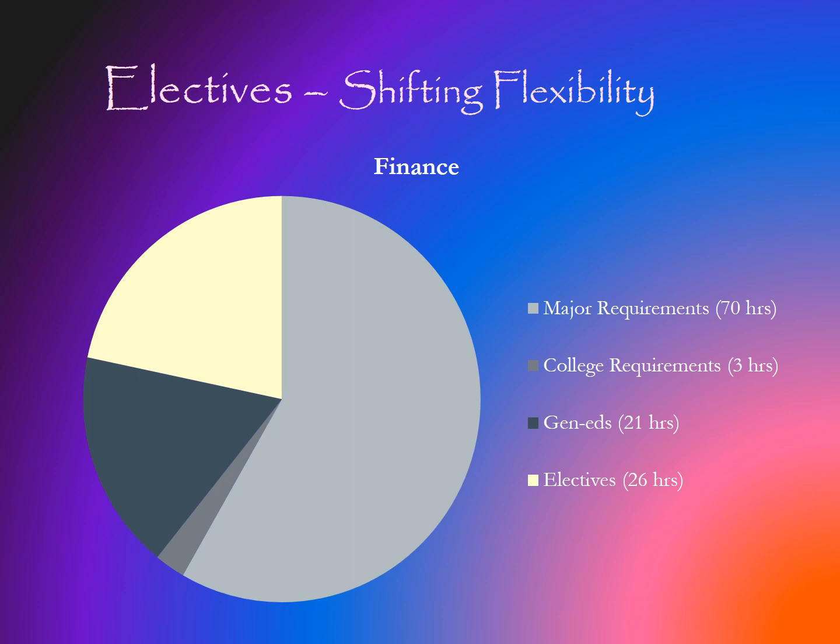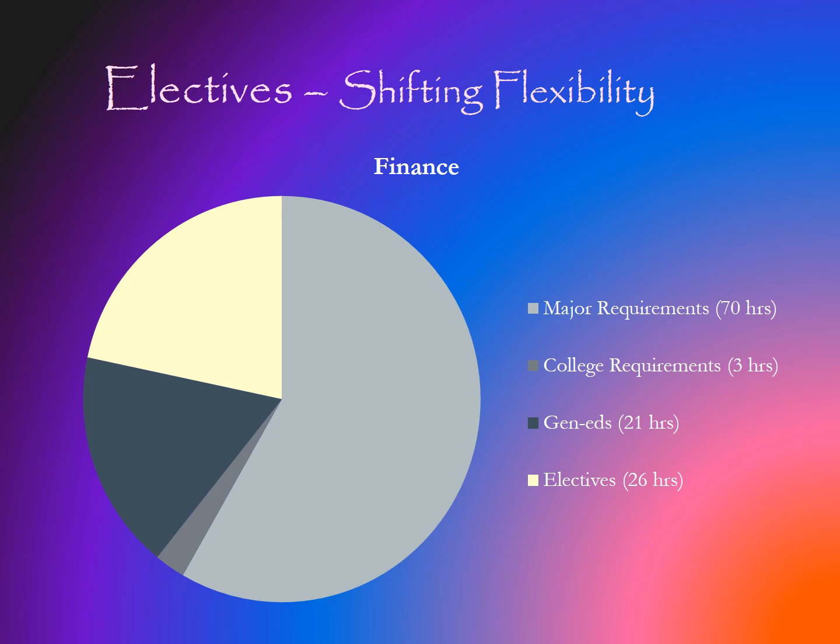Now, are the electives going to get even smaller in some of the other colleges? They will. The College of Engineering is actually going to have very little flexibility. Some of the College of the Arts majors are going to have little flexibility. School of Architecture, so the architecture major is going to have very little flexibility.